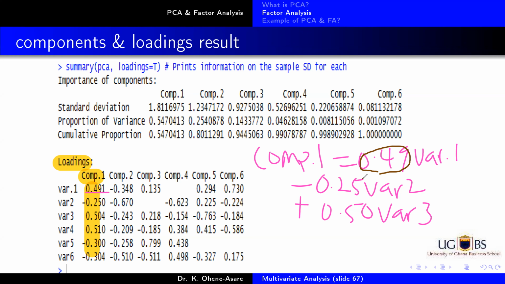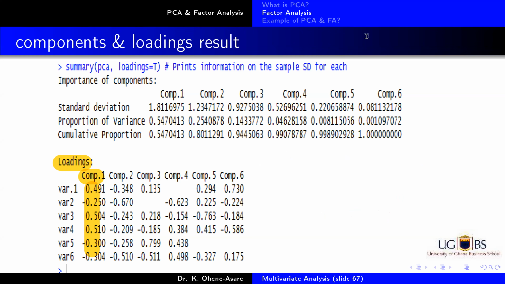This one tells you the contribution, whether it's a negative or positive contribution, of variable 2 towards the formation of comp dot 1. I'm sure you get it, don't you? And that becomes the way you should write the principal component equation.